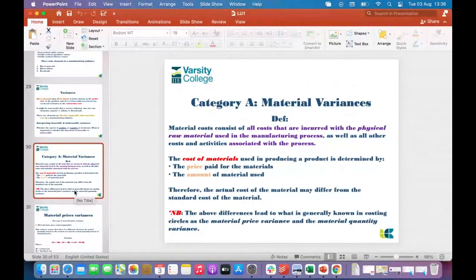So if we spend less on bottled water than we thought we would, for example, we thought we were going to spend 10,000 on bottled water for the year, but it turns out we spent 8,000, that's a favorable movement because we spent less than we anticipated.